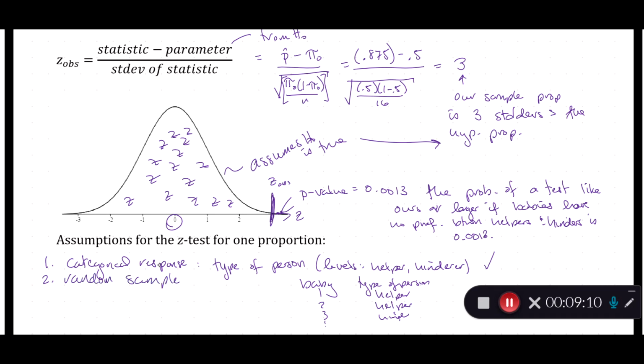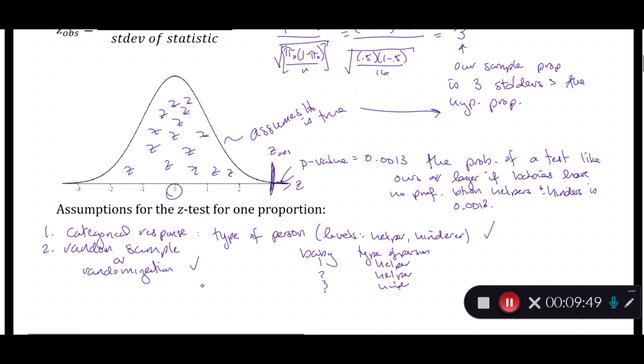In this case, we are hoping that we have a random sample of babies so that we can generalize to the greater population of babies, but we also did do some randomization of the order in which the babies were shown the two scenarios, because every baby was shown both the helper and the hinderer character. So we need randomization, so maybe random assignment of treatments, but in this case the random order of the helper and hinderer characters, but also a random sample of babies. And that has been satisfied here.